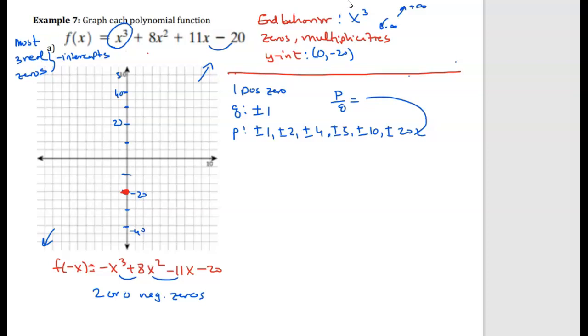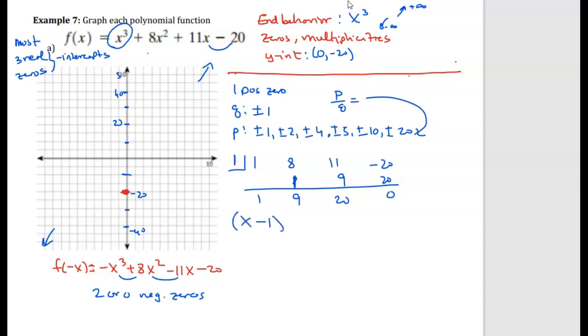Let's try them out. Let's try 1. Coefficients are 1, 8, 11, and negative 20. We have 1, 9, 20, 0. Good, we got it on the first shot.